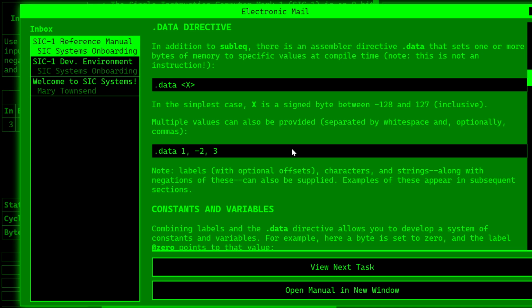We can set up a data area. X is a signed byte. Okay, yes, in the normal range. How do I specify what addresses these are at?